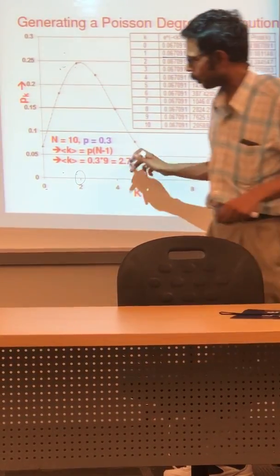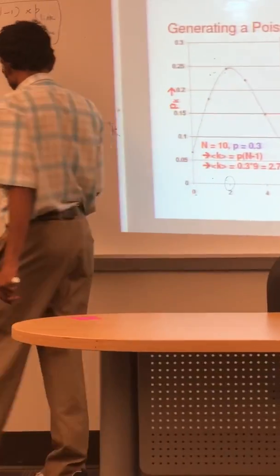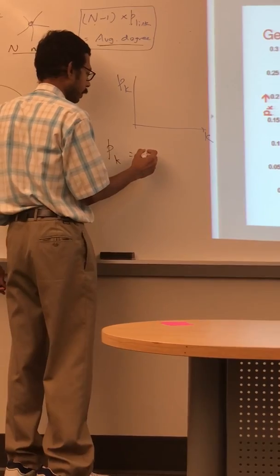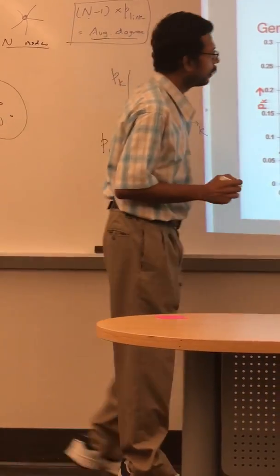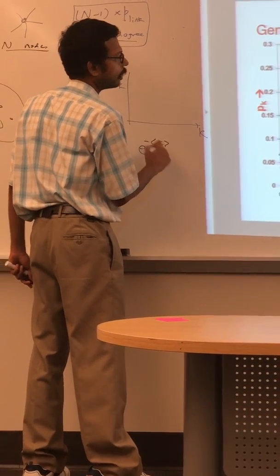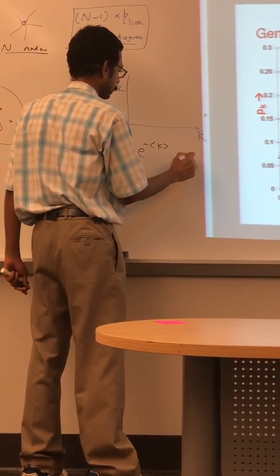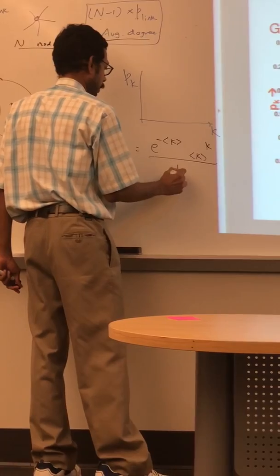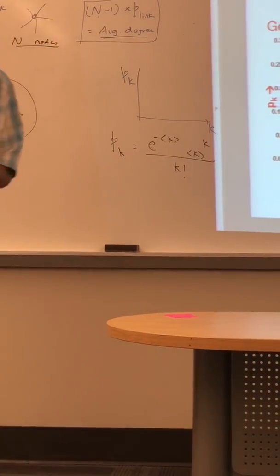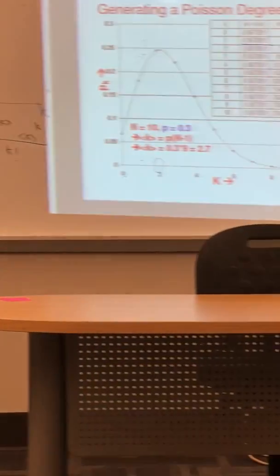So using this 2.7 as the average degree, we can generate the k versus pk distribution.